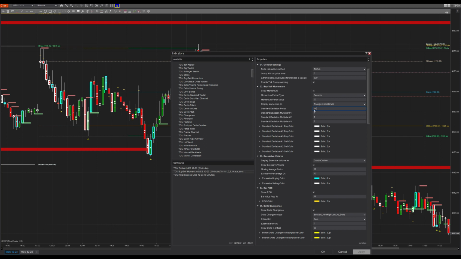This is the default. It'll come, I think, as a 14 period. You can change it to whatever you like, but that's a good starting point. Essentially what we're tracking here is, over the last 14 bars, that speed, and then looking at 1, 2, or 3 standard deviations.